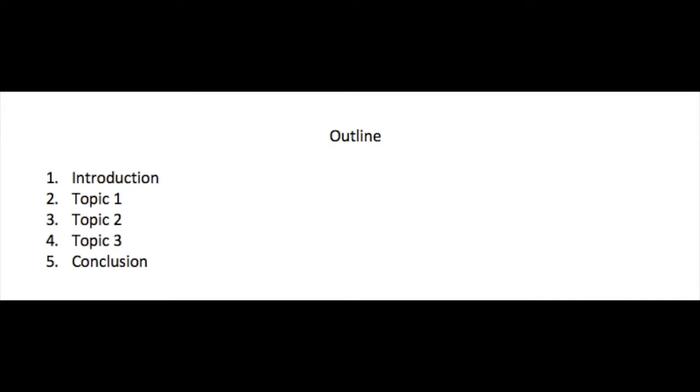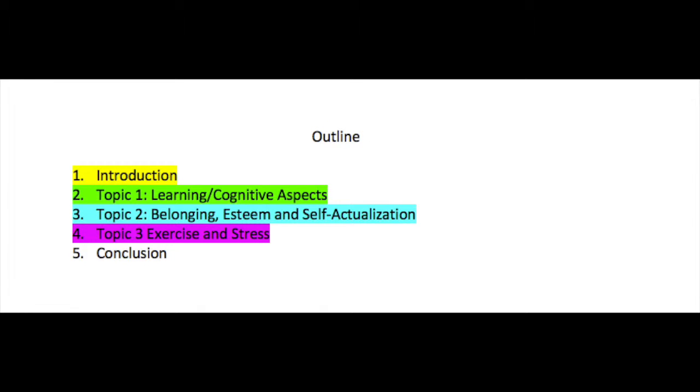At the top of the page, I type in the word outline, and under it I create a brief outline for a 5-paragraph paper. Introduction, Topic 1, Topic 2, Topic 3, Conclusion. I've already decided that I want to use general information in my introduction, and I know the 3 topics I will write about. I quickly revise and color code my outline to show how my paper will be organized.